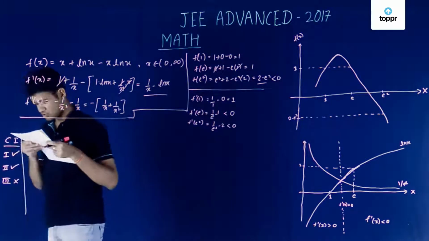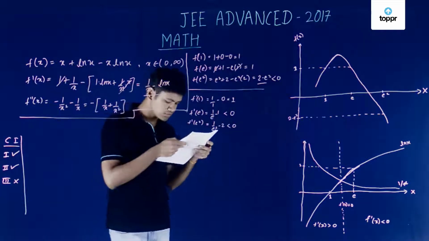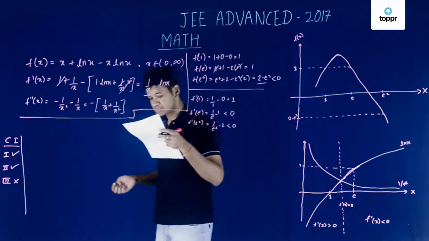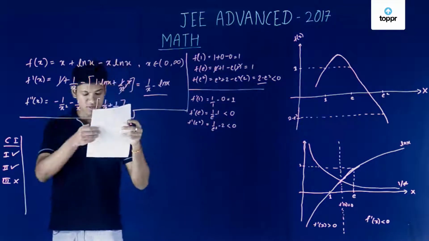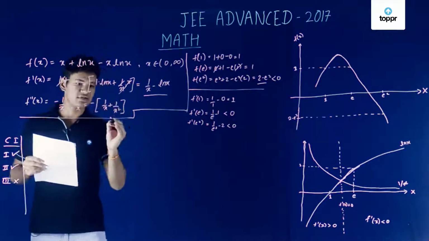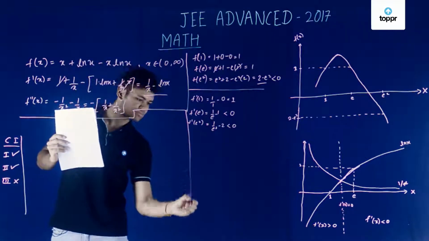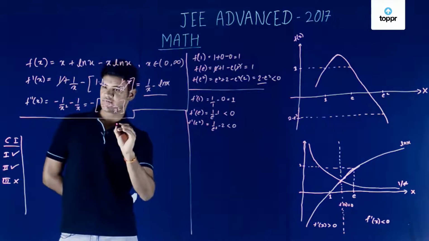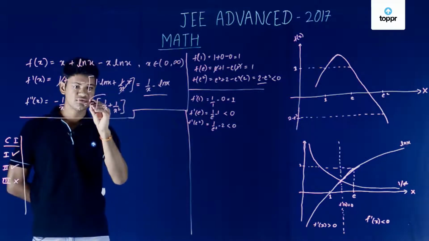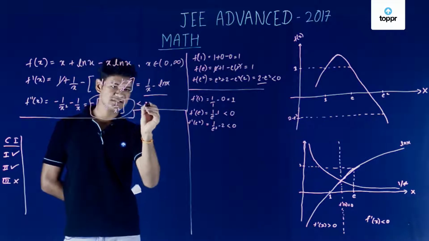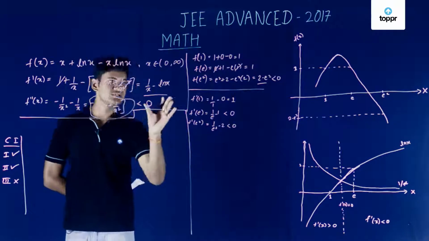And this fourth option says that f''(x) is equal to 0 for some x in (1, e). Now f''(x) is this value, right? f''(x) is nothing but this value, and it is fairly clear that this will always be less than 0 for all positive values of x.